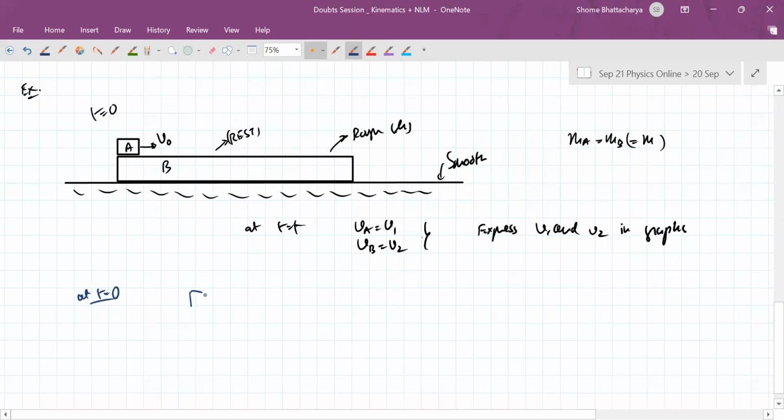if you see the FBD of A, because of the relative motion, the slipping, which is occurring in the forward direction on it, there will be a kinetic friction acting like this on it, which will give it a deceleration like this.